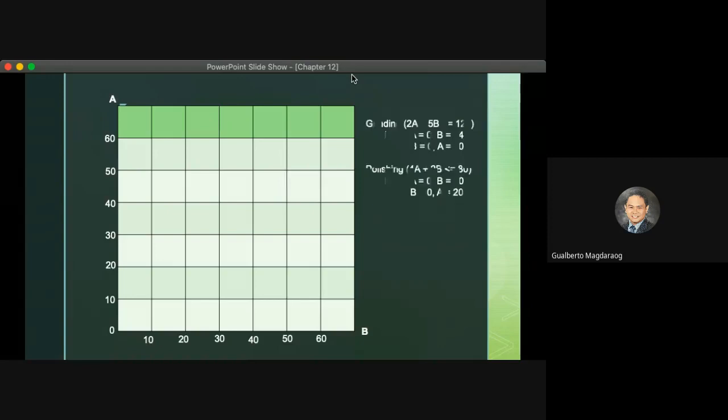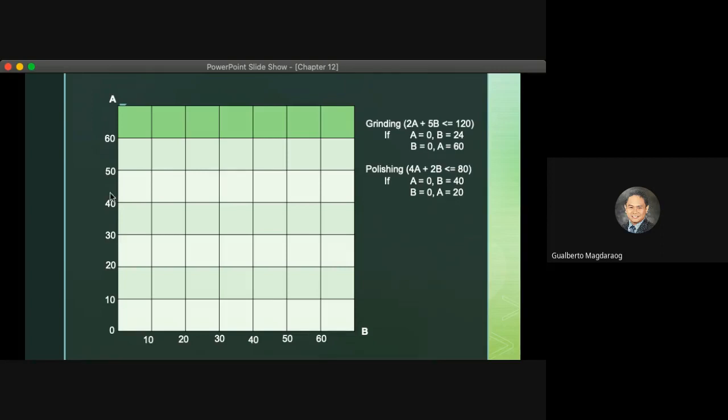And now we have to draw a line for our constraint or limitations. For the grinding, ang ating function is 2A plus 5B is less than or equal to 120.